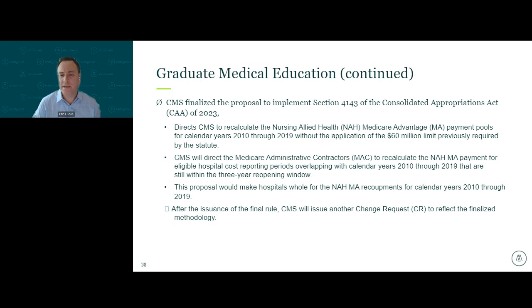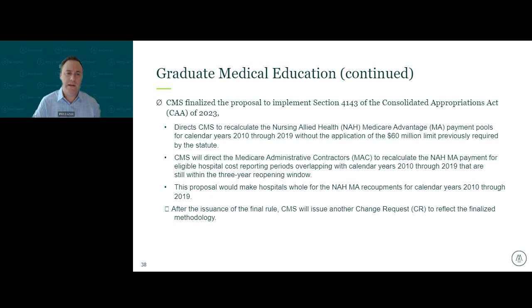Congress stepped in and instructed them to reverse those adjustments. The MACs have been clear that they're going to spend quite a bit of time over the next several months attempting to fix that issue now and restate the reimbursement and get those revised NPRs out. So that is now finalized policy.